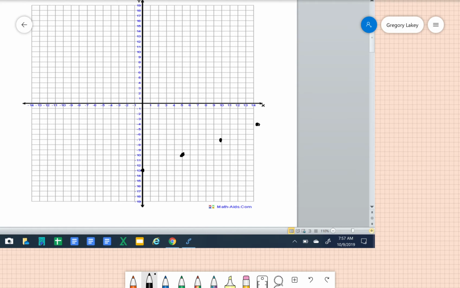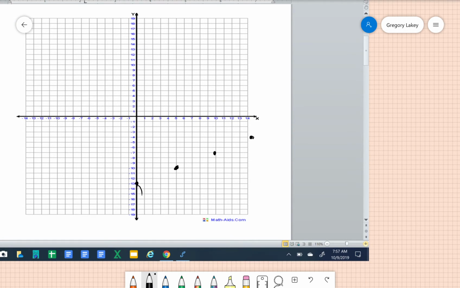Once you've plotted your points, make sure you label them with the correct ordered pairs. So I know that I have (0, -13). What is this one? (5, -10). This is, what, (10, -7)? Is that what it is? Yeah, (10, -7), and this is (15, -4).